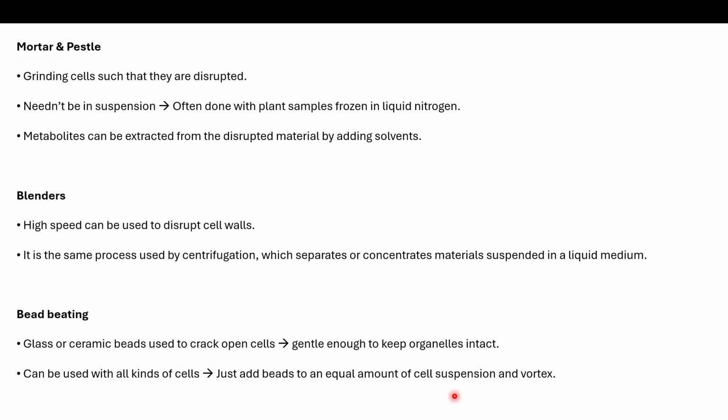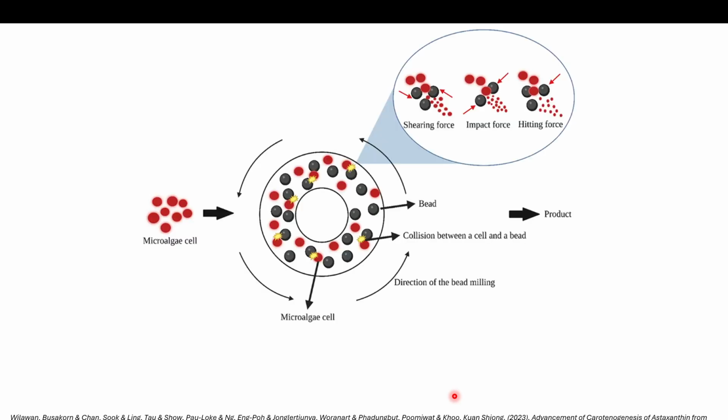The content inside your tube will mix very vigorously. Eventually the glass beads will be beating against your cells, and then breaking them open. Okay, so this is a mechanical form of lysis or cell disruption.